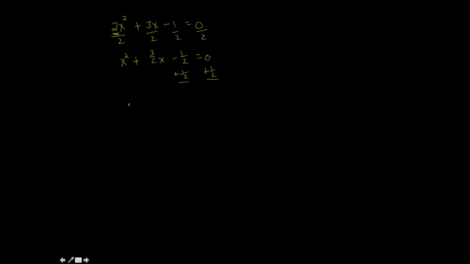In this case, it would be adding it to both sides. So this is x squared plus 3 over 2 x equals 1/2. This is our b again. So it's 3/2 divided by 2 squared. Now that confuses people with that fraction divided by 2. A lot of people like to write this as 3/2 times 1/2.